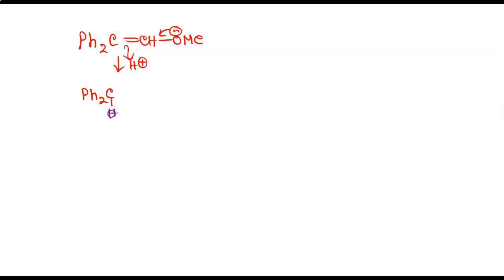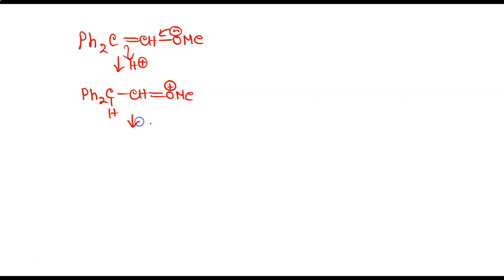Here the alkene that we have obtained from the Wittig reaction is this, with OMe, right? There is a lone pair. Now we are treating it with acidic condition and water. So this type of mechanism will be there. Now it is Ph2CH, oxygen is positively charged.